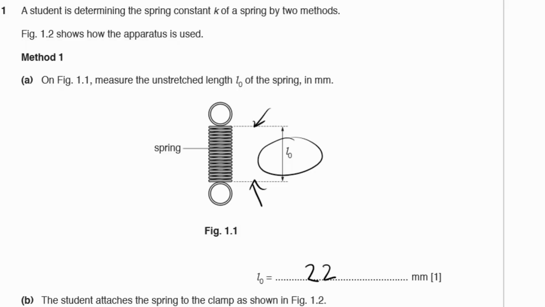So don't worry if your answer's out by a couple of millimeters. I printed mine on letter size paper, and the size I got was actually 20 millimeters, and I measured it pretty well. It's probably a good idea, as you're running through these practice exams, to make sure that you've got this measurement right at the start, so you can get the next few marks without worrying about it. So 22 millimeters is the number they wanted.